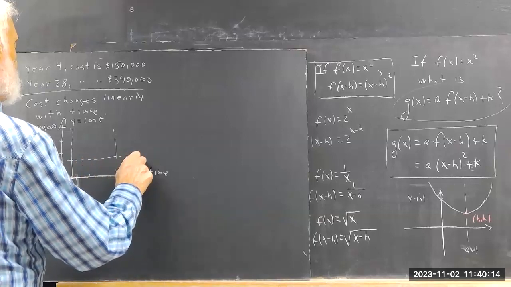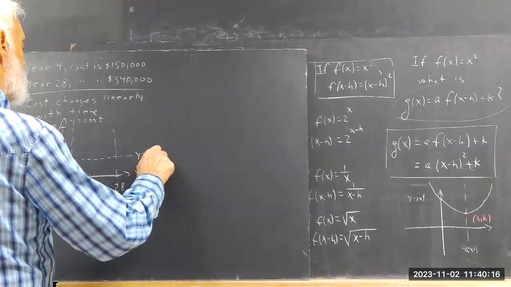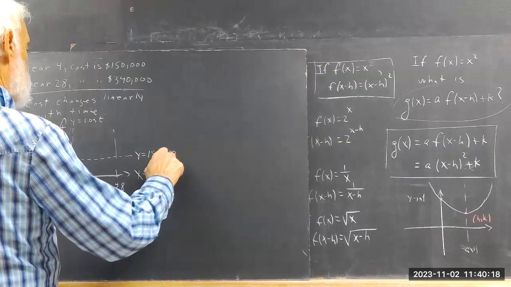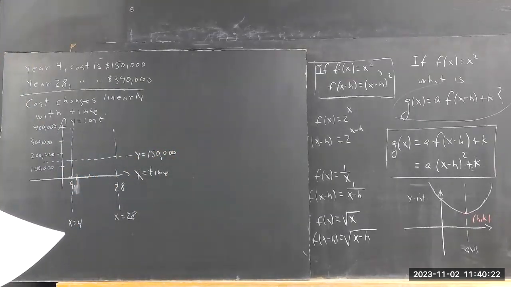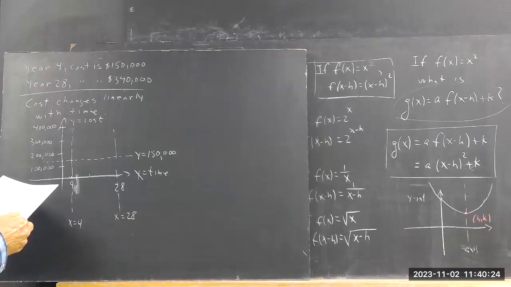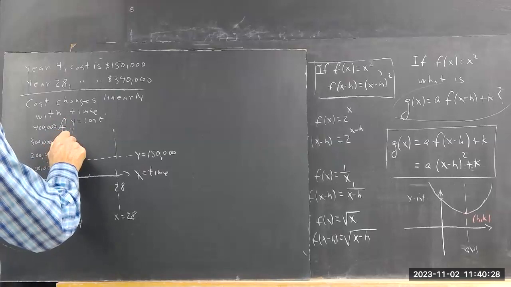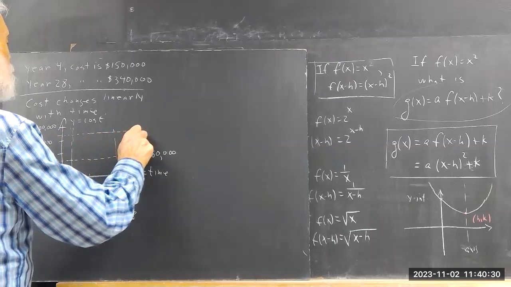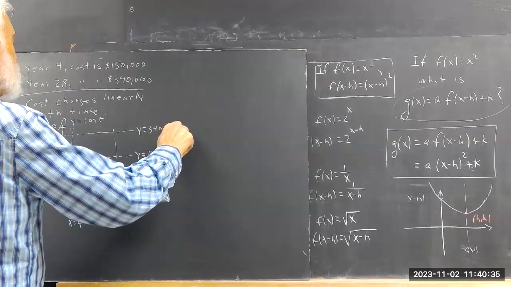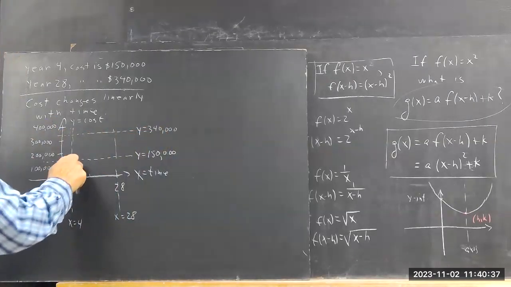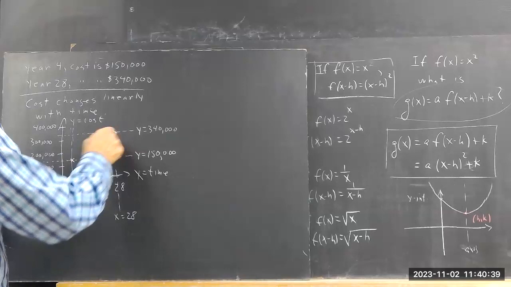Well, what is 150,000? Halfway between 100,000 and 200,000. Okay. And y is 340,000, a little less than halfway between 300,000 and 400,000. So here are 2 graph points.